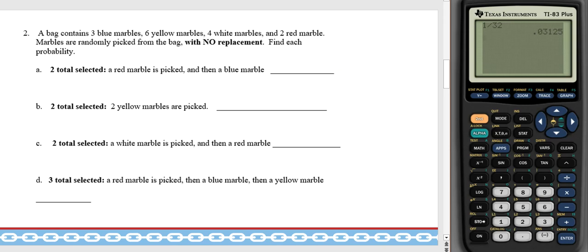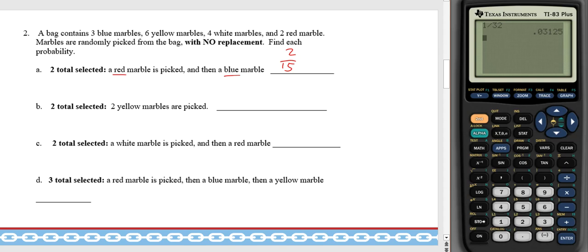So some marble selection here in problem 2. Looks like we have 15 marbles in the bag. No replacement, so the marbles are not going back in the bag. So what is the probability that you select a red marble first, right? Red and then blue, right?